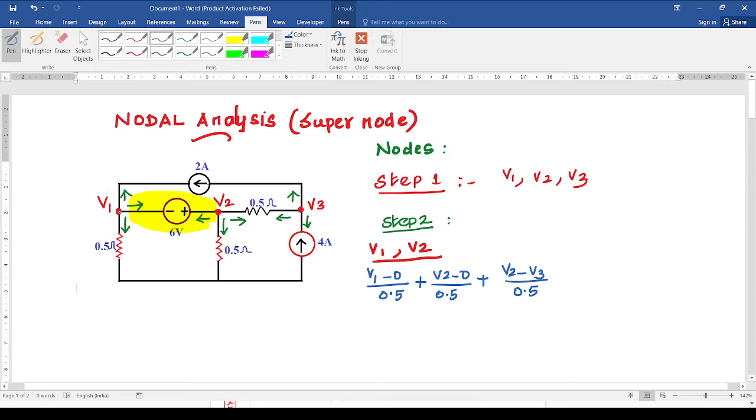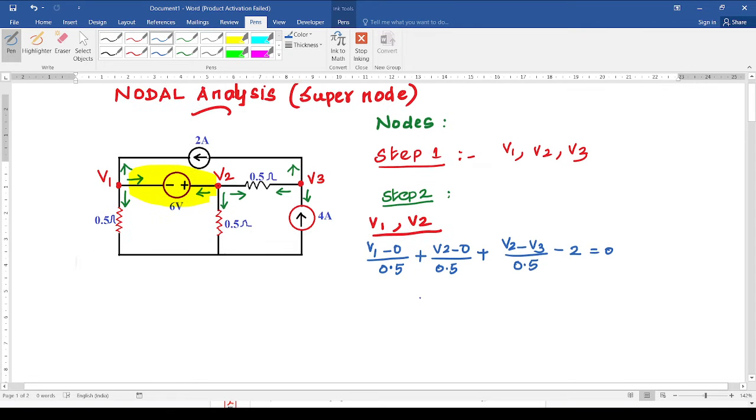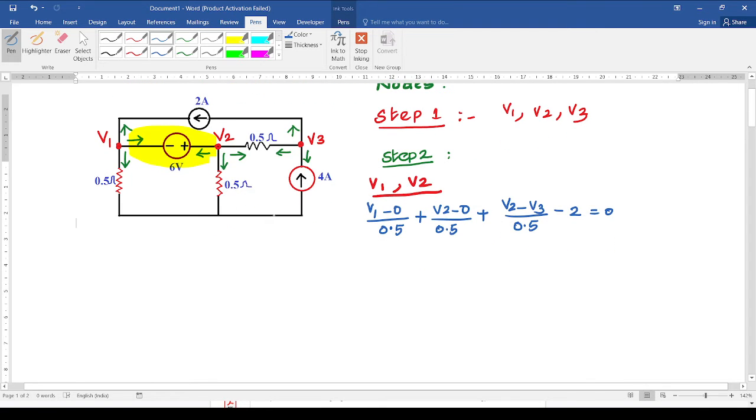Then consider node 1, another element, that is the current source, is connected. The assumed current and actual current are opposing each other. The value is minus, that is equal to 0. Next, I am going to rewrite the equation as V1 by 1 by 2 plus V2 by 1 by 2 plus V2 minus V3 by 1 by 2, that is equal to 2.